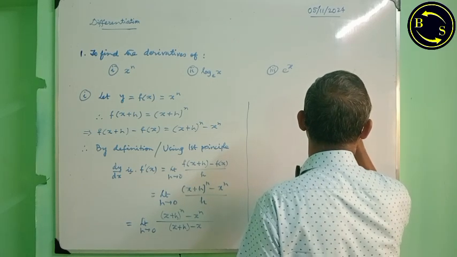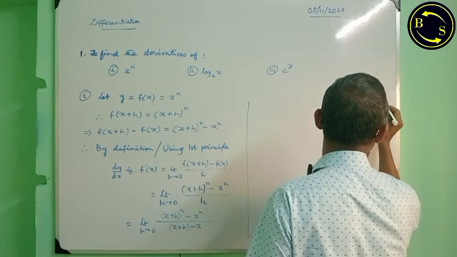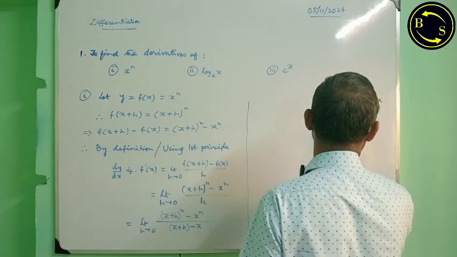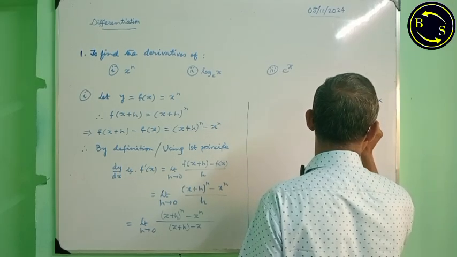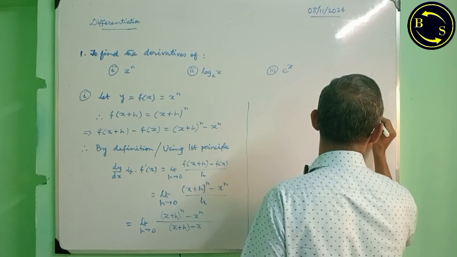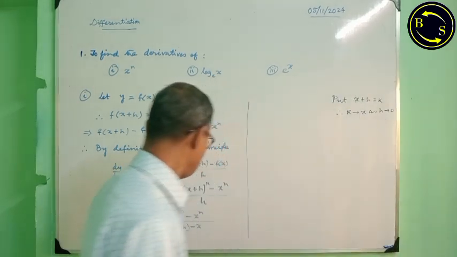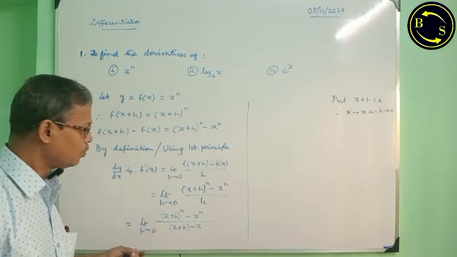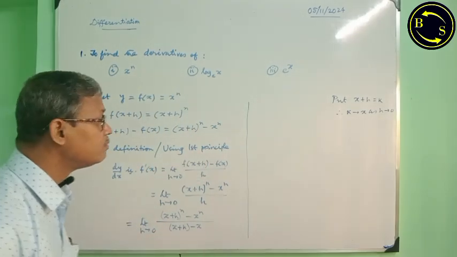Put x plus h is equal to say k. Therefore, k tends to x as h tends to 0. To use the standard form, we have to change the variable like this.